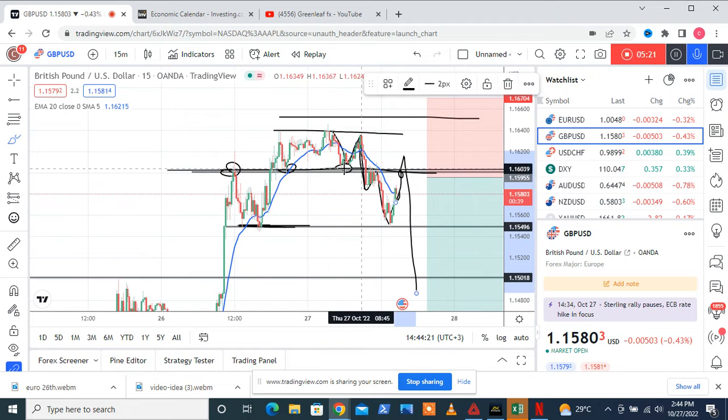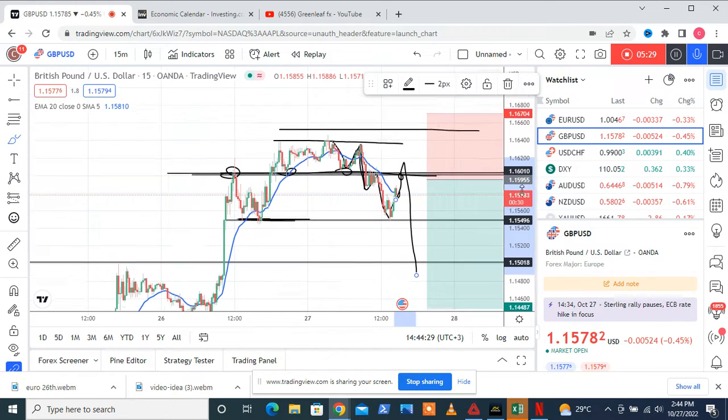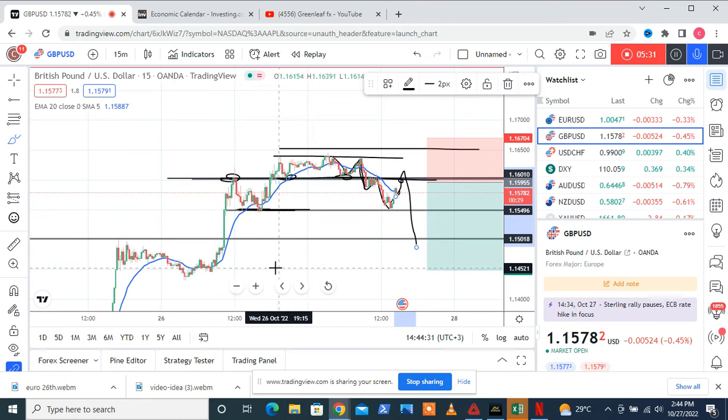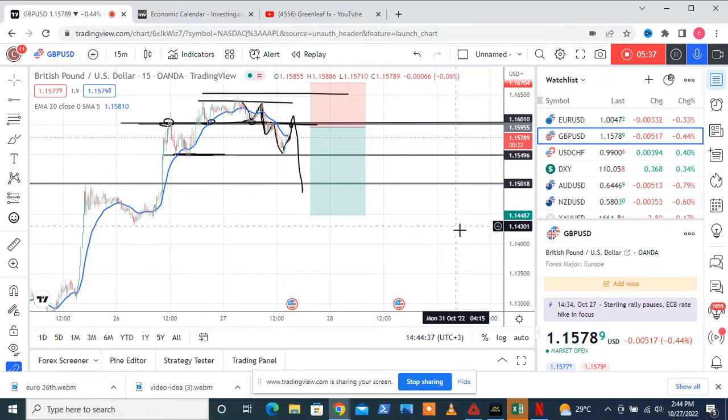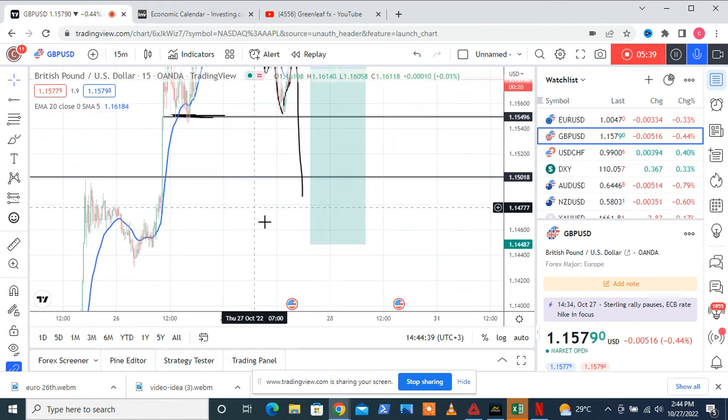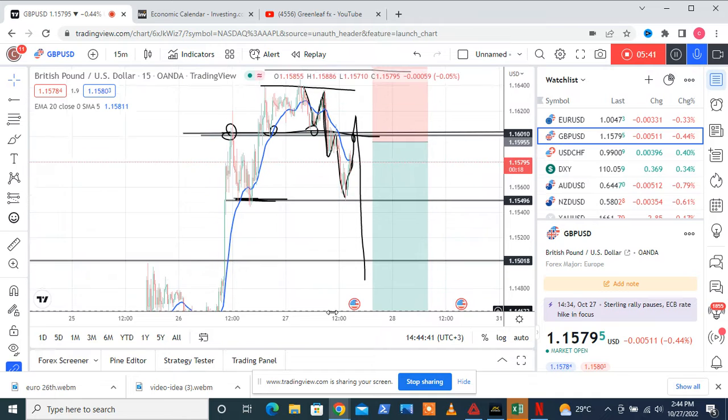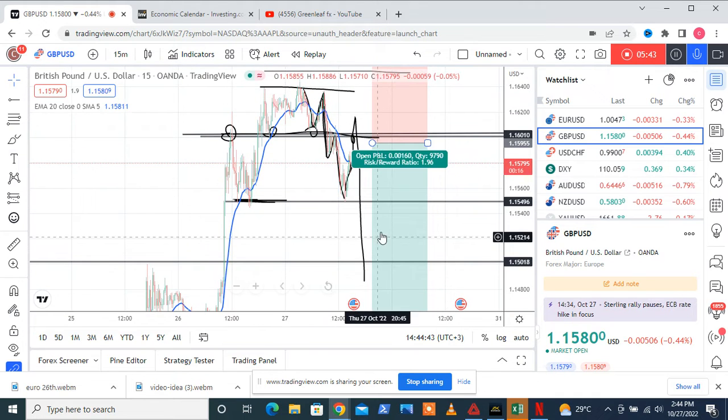So I've taken a sell based on this technical analysis, because I can see here, my TP is below this, around this area, because there's demand here. So that's why I've put my take profit. So that setup is looking like that. So let's hope for the best.